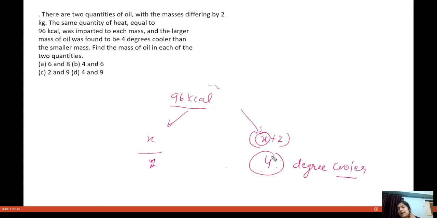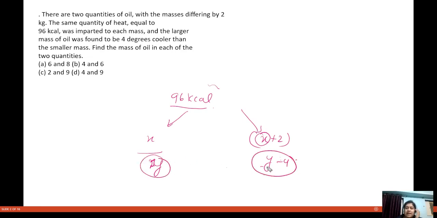If you take the temperature of this mass as y, then this will be y minus 4.